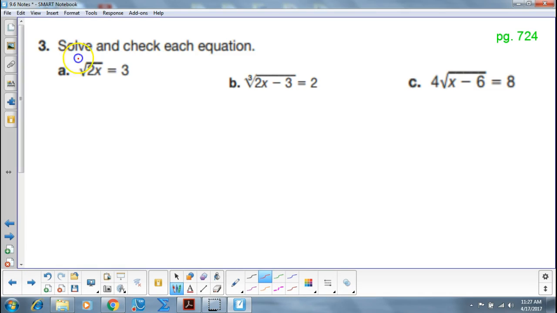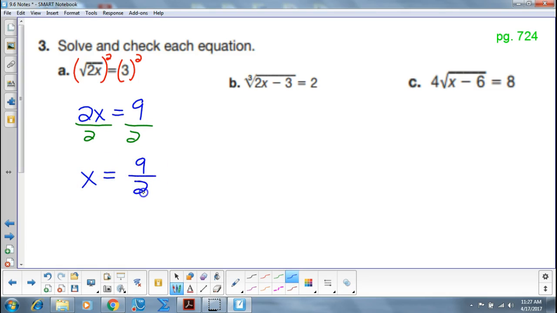Radical is isolated. Square both sides. That gives me 2x equals 9. Then what? Divide by 2. That gives me x equals 9/2. What do I have to do with that then?